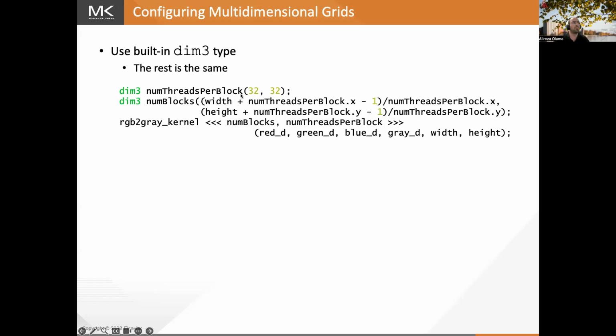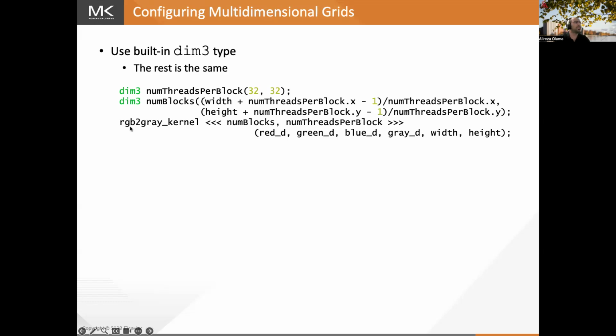In this case, our block has 32 by 32 threads, so 32 threads in a row and 32 in columns. So it's a two-dimensional block. And then, similar to what we had before, you can compute the number of blocks in your grid, both in the X direction and Y direction.